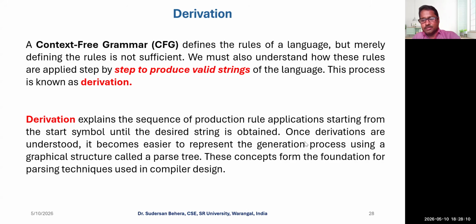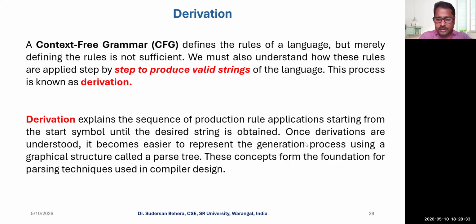If I say it only like this, you cannot understand, so I have to go through an example. Before that, let me tell you this derivation is of two types. One is leftmost derivation, in short LMD. The other is rightmost derivation, in short RMD.